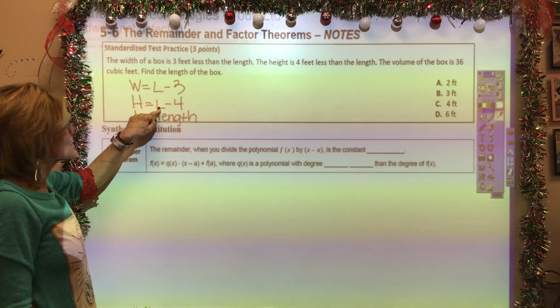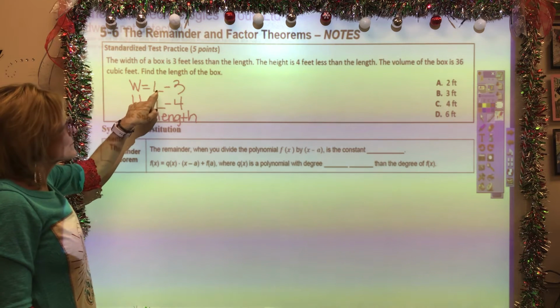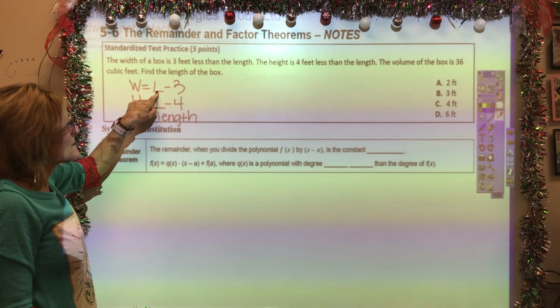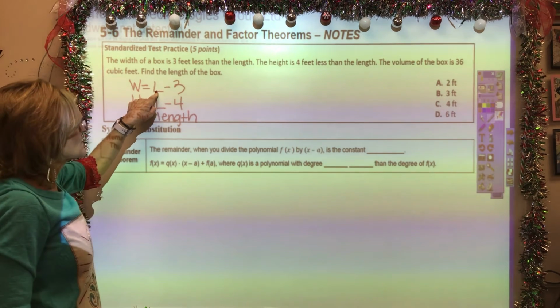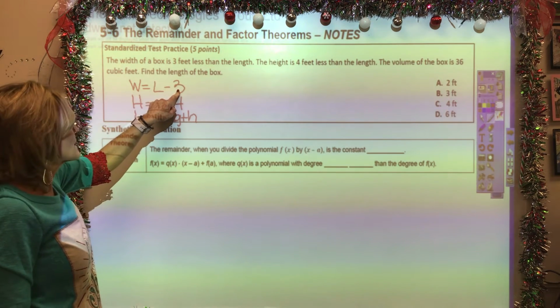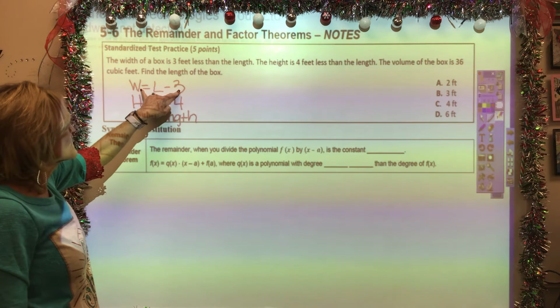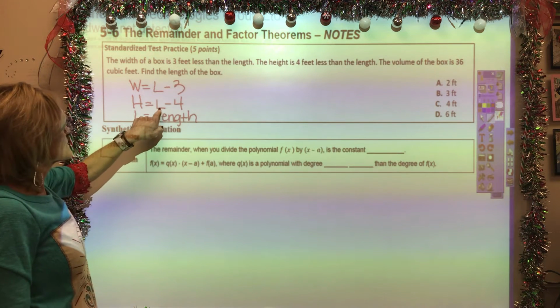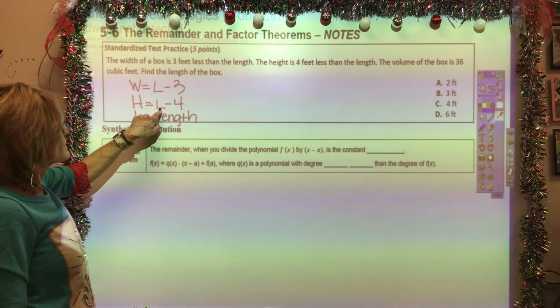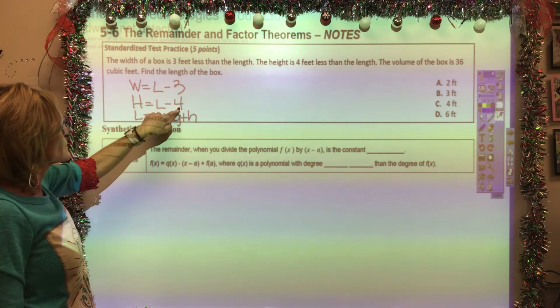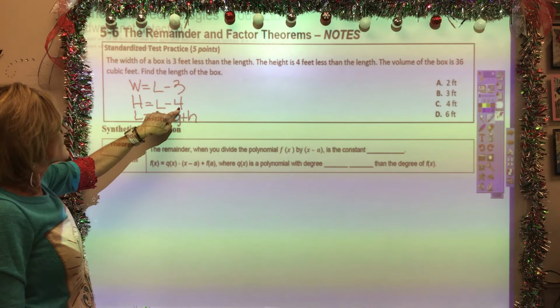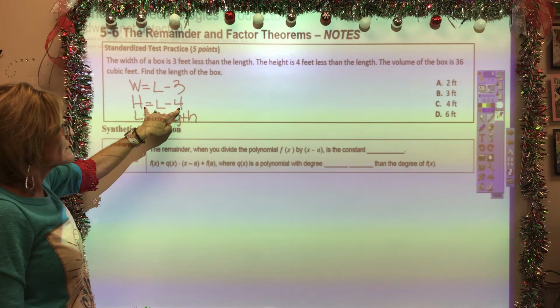So that doesn't work. If we plugged in a 3 for the length, 3 minus 3 would be 0. We're not going to have a width of 0. And if we plugged a 3 in here for the length, 3 minus 4 would be -1. So the height can't be -1.